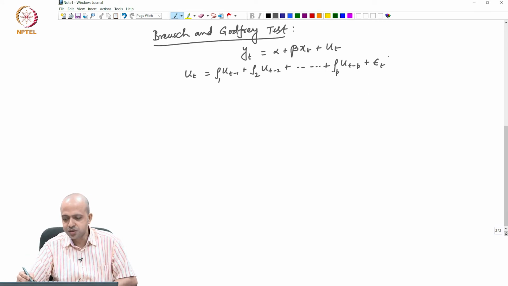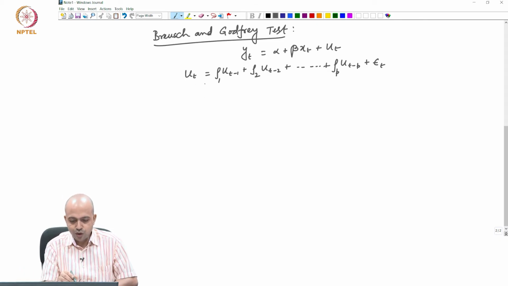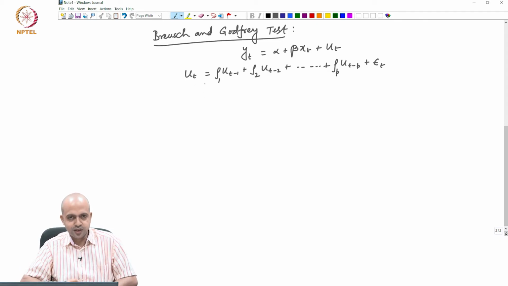So epsilon t is the classical error term. Now we assume that the error term is correlated with all its lagged values, and how many lags are there? P lags.